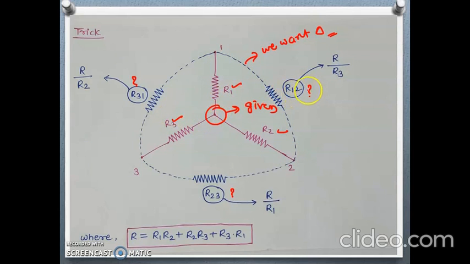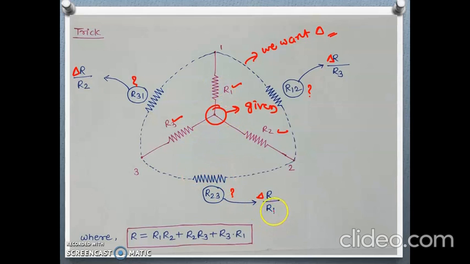Here we want R12. Where is R12? R12 is connected to point 1 and point 2. This point is left unconnected to R12, so R3 will be its denominator. In case of R23, the numerator is the same, delta R, and this is also delta R. R23 is connected to 2 and 3, so its denominator will be its opposite, R1.